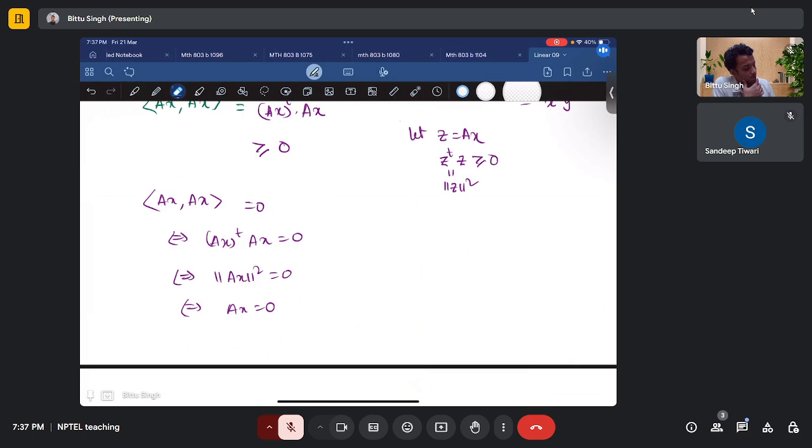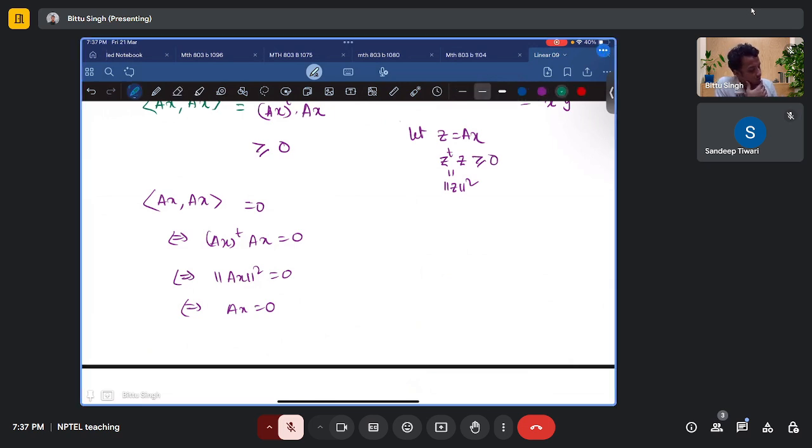Okay, I am telling here that Ax equal to 0 if and only if x equal to 0 is only true if and only if A is invertible.